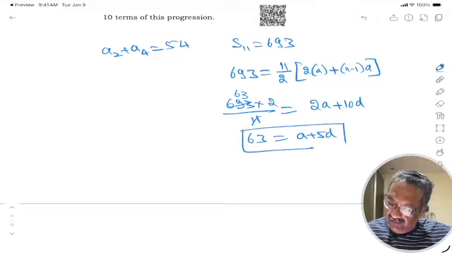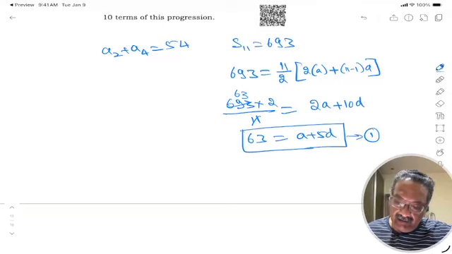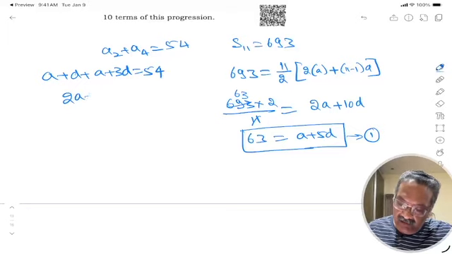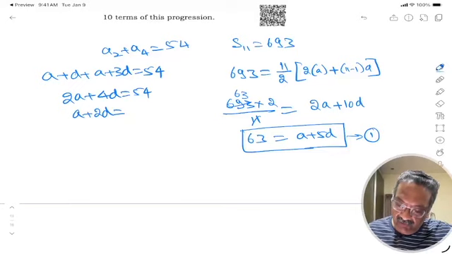So we have got one equation here, and one more. A2 will be a plus d and A4 will be a plus 3d is 54. So 2a plus 4d is 54. So a plus 2d is equal to 27.